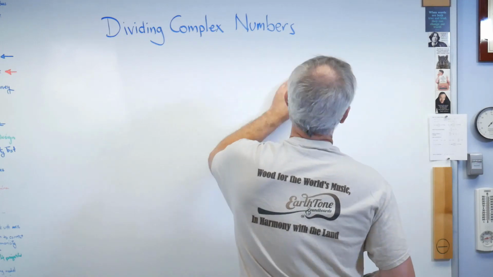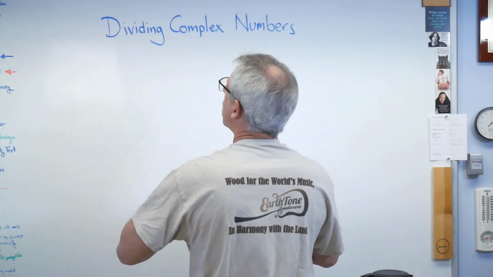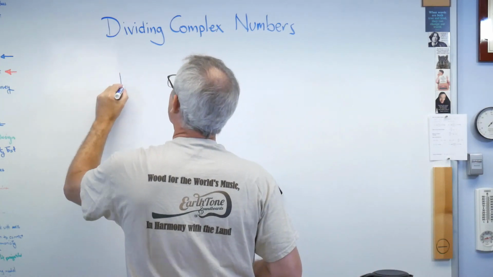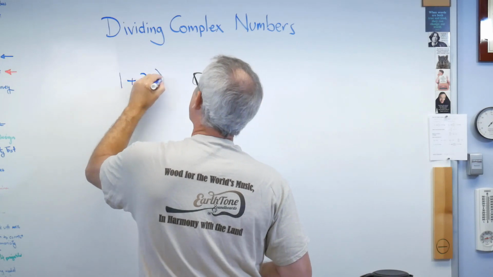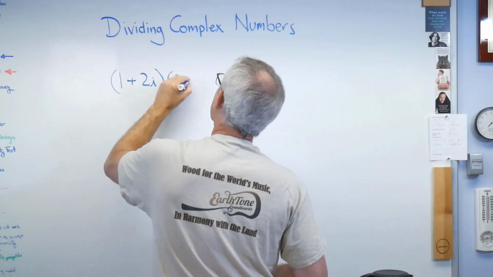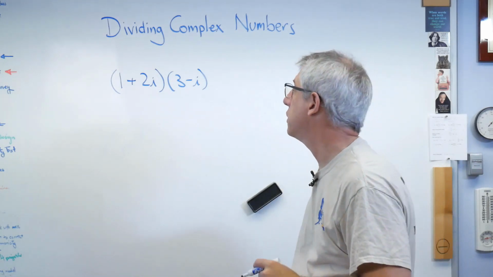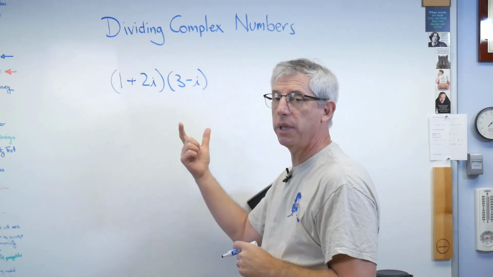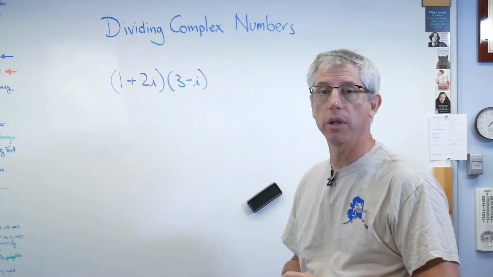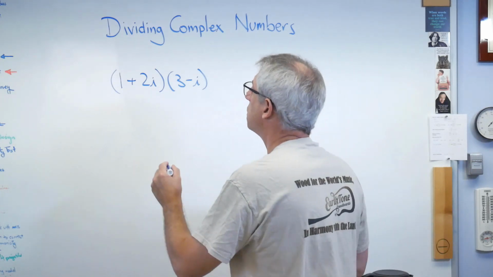Let's say I want to multiply two numbers. I want to multiply 1 plus 2i, and then multiply it by 3 minus i. Well, what you can do here is treat this similar to the way you'd treat a polynomial, just expand it and multiply.